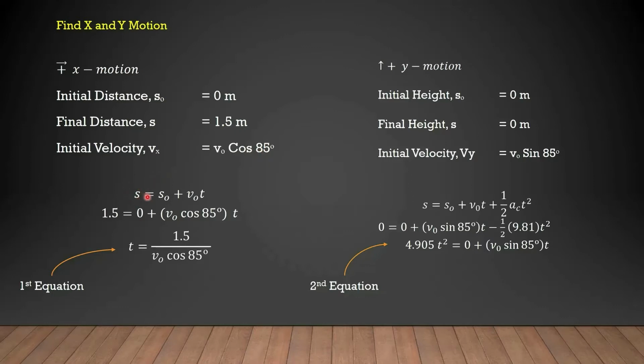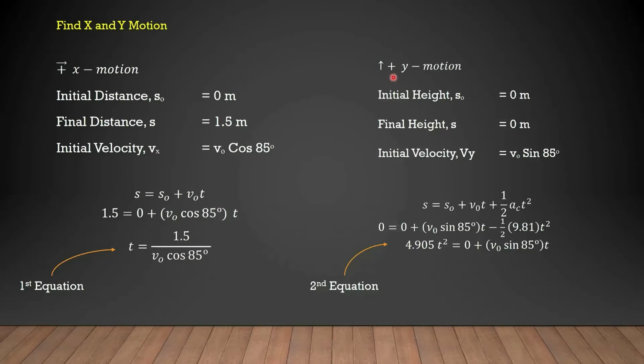So S equals S0 plus V0t. So S we have 1.5 meter, S0 0 meter, plus V0 cos 85 degrees times t. So we got a first equation, t equals 1.5 divided by V0 cos 85 degrees.